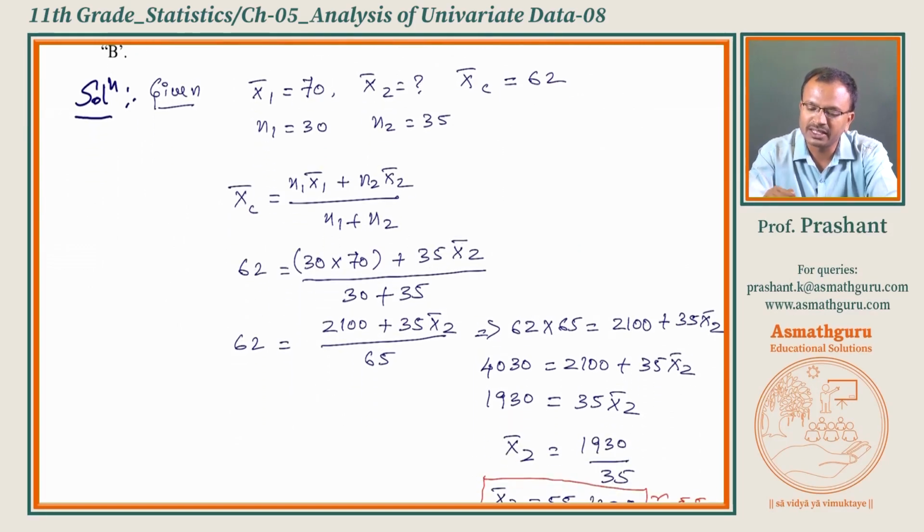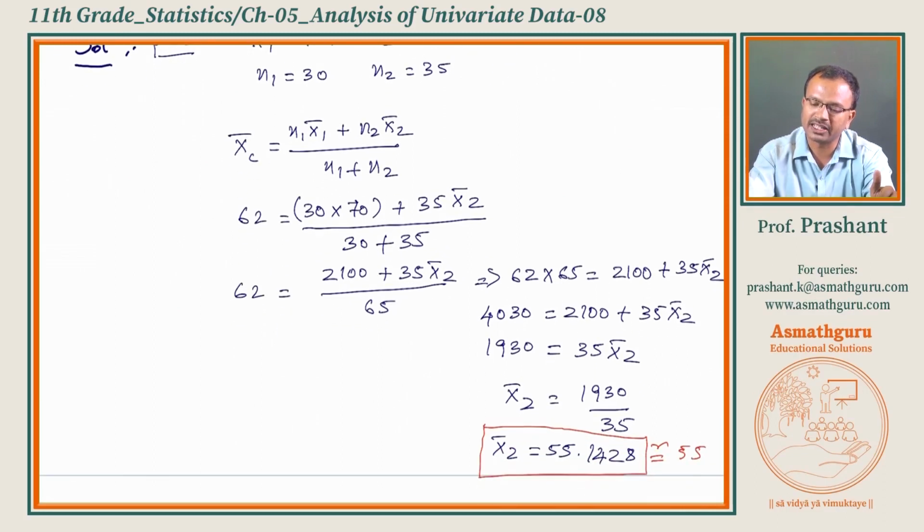The denominator is the total of the two sample sizes added up, which gave 65. That 65 I cross multiplied with the combined arithmetic mean to get 4030, then subtracted 2100, leaving 1930, equal to 35 x bar 2.